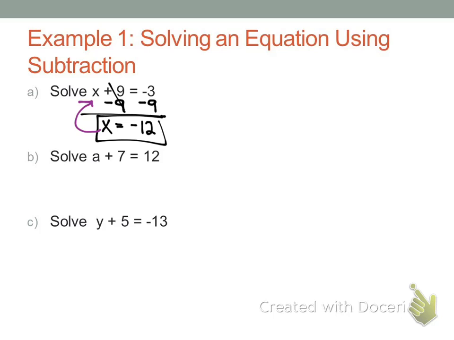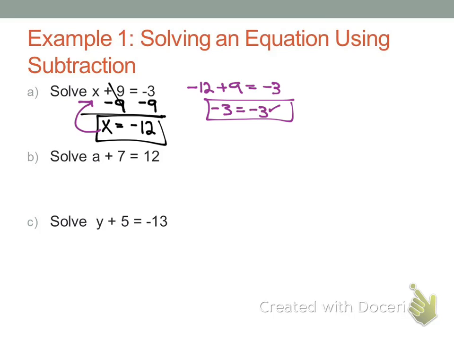I substitute in what I believe is the solution. Is it true that negative 12 plus 9 is negative 3? You can use your calculators, so there's no reason why you should get this wrong. If both sides equal each other, then you know that it checks out.